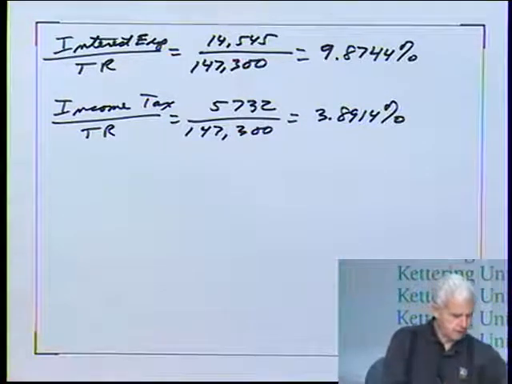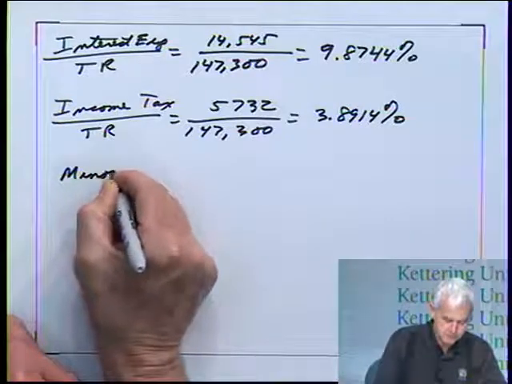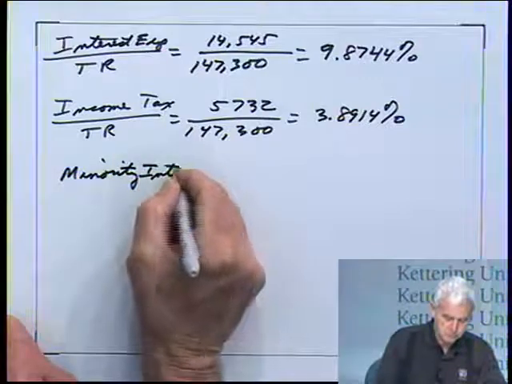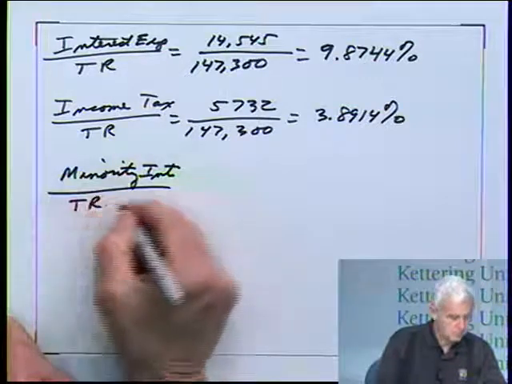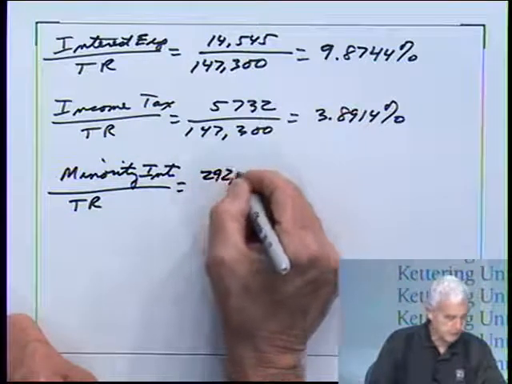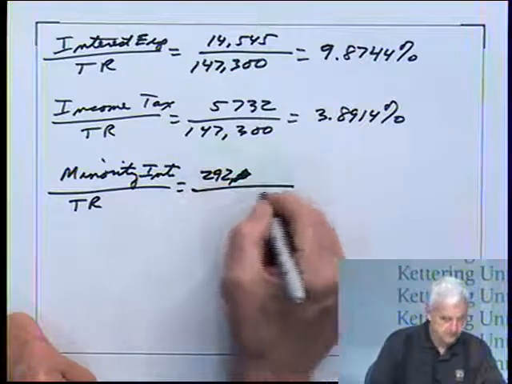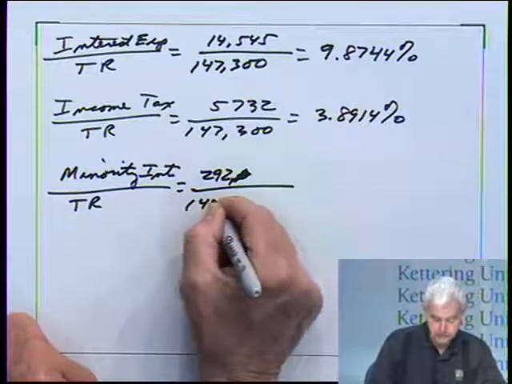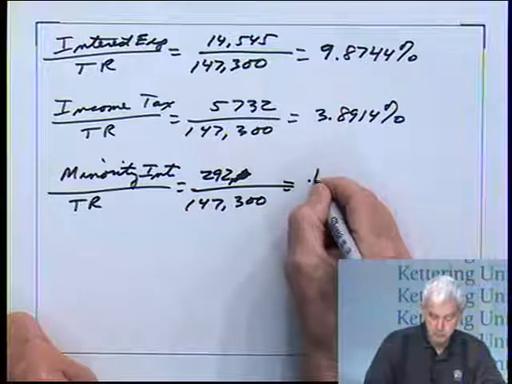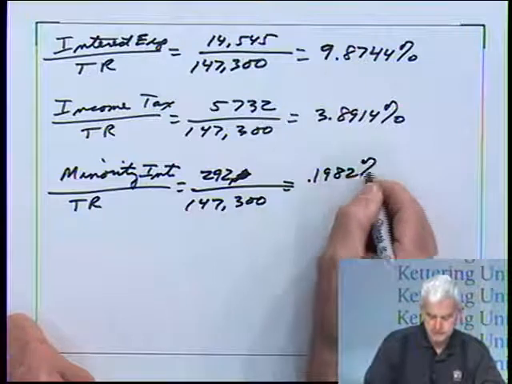There's a couple other ones in there. There was minority interest over total revenue, and that was almost inconsequential. $292 million over 147,300, and that's 0.1982%.